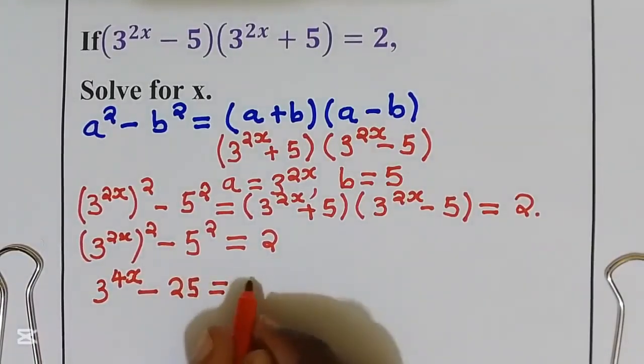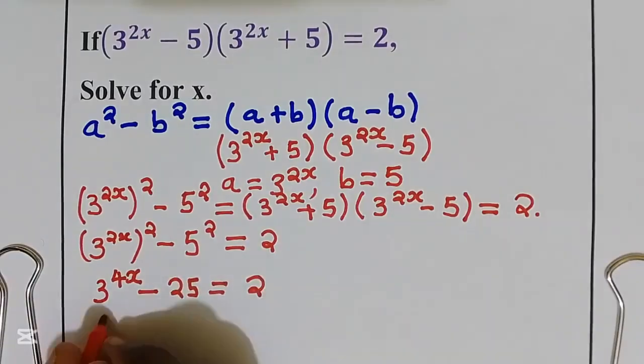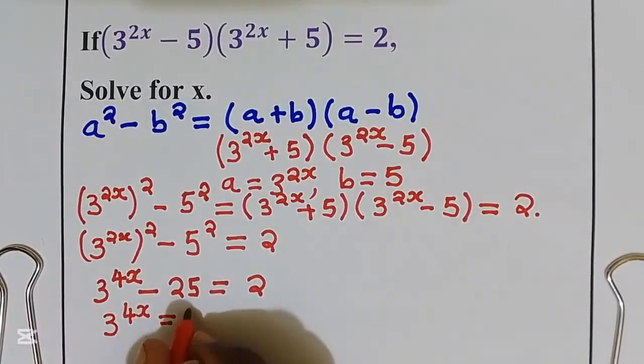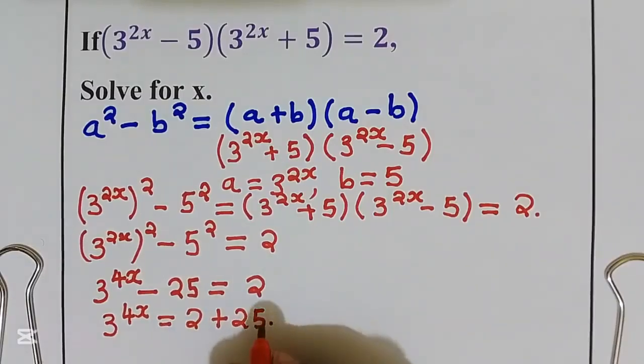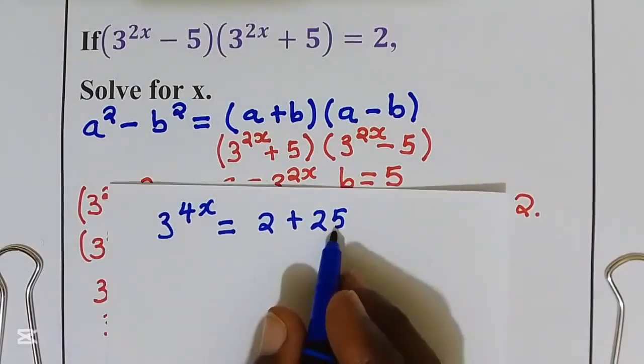This is equal to 2. Bring minus 25 to the right hand side. 3 power 4x is equal to 2 plus 25.